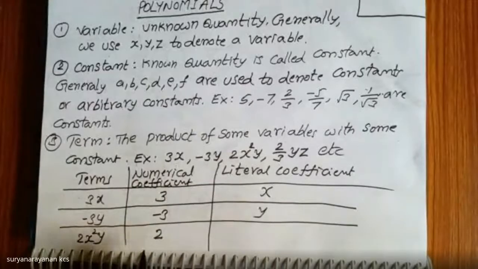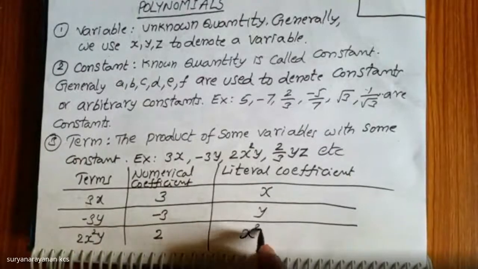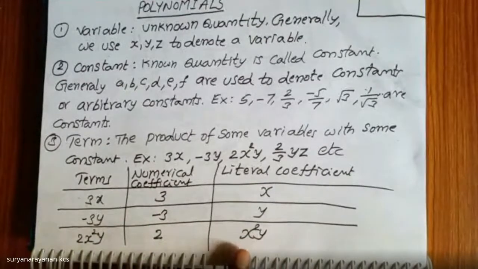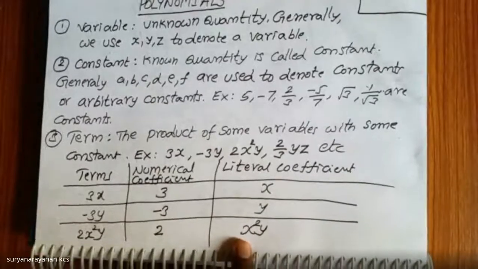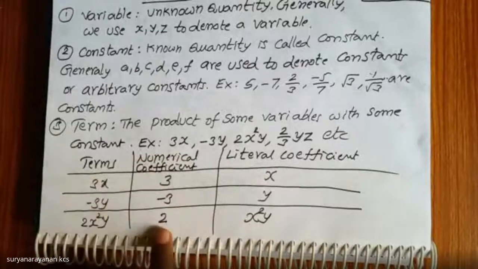So the numerical coefficient is 2. Yes, 2. The literal coefficient is x square y. Yes, very good, my dear Srujana. X square y is said to be the literal coefficient, whereas 2 is said to be the numerical coefficient.